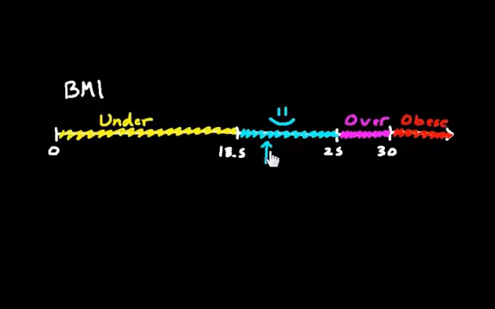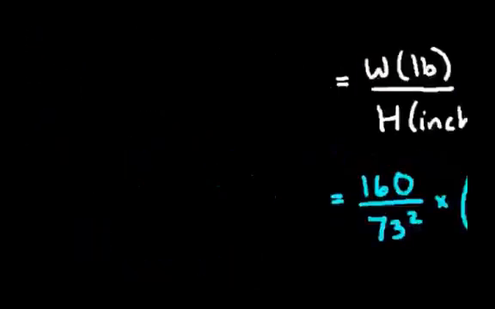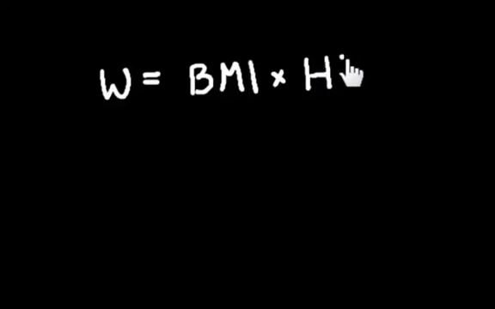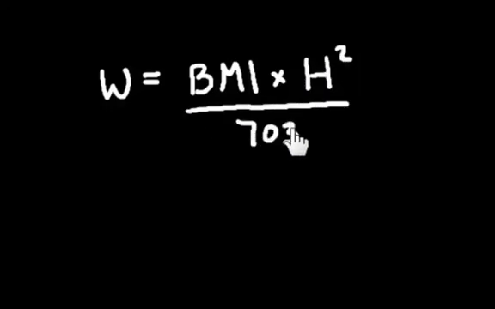So I can go back to my equation, BMI equals W over H squared, and I can just rearrange it. I could say, okay, well, how about W equals BMI times H squared over 703, right? Because that's the conversion. So if I rewrite the equation like this, then now I can solve for my weight.